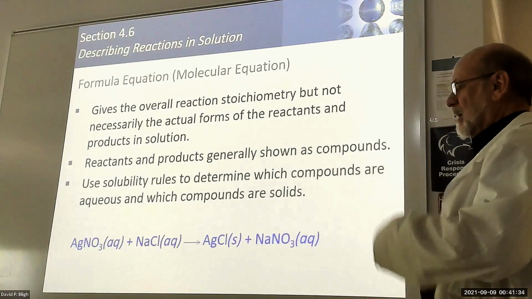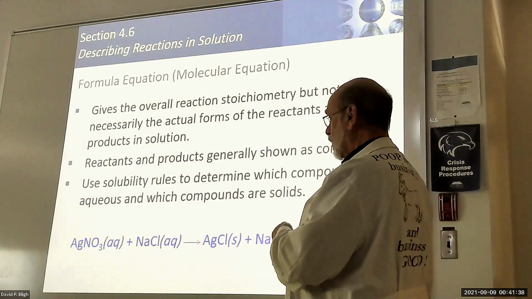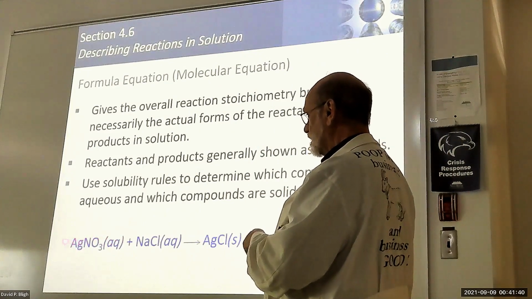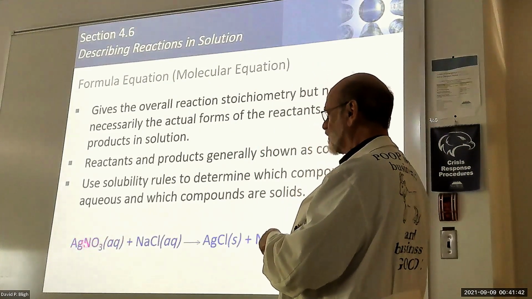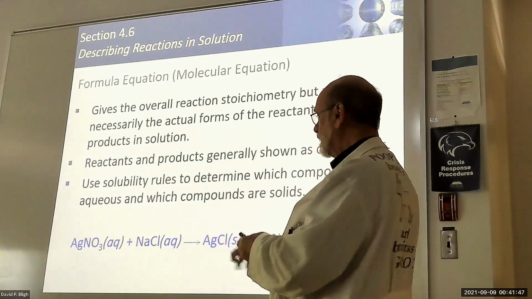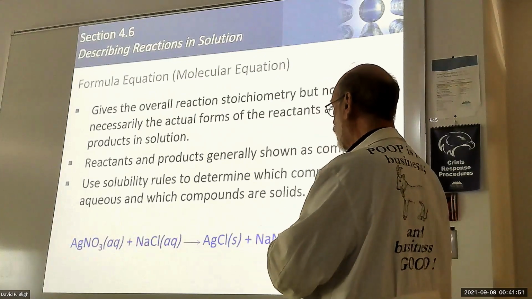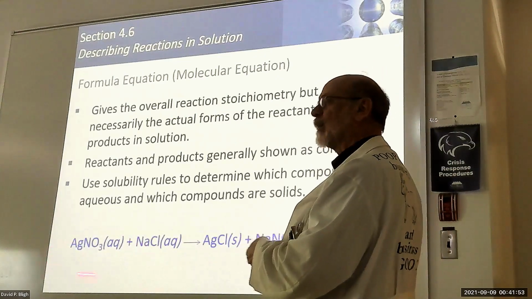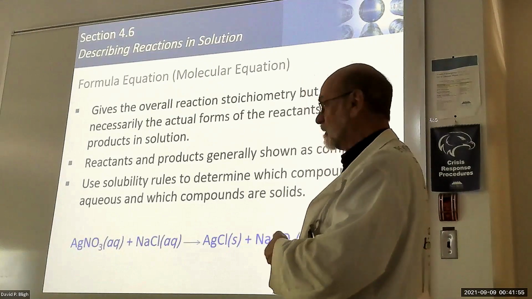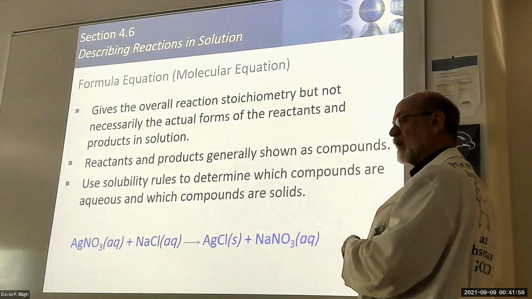Now, when we've got these types of double displacement reactions, where you've got free silver ions, free nitrate ions, free sodium and free chloride ions, in this example, we can write this equation in its molecular format, or formula equation actually is more accurate, and balance the equation this way. This one is balanced the way it's written.